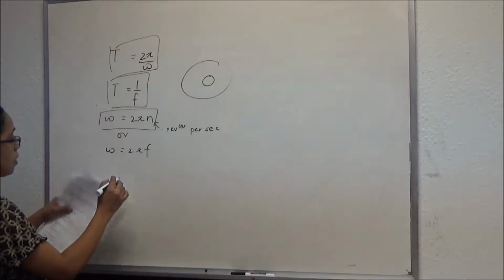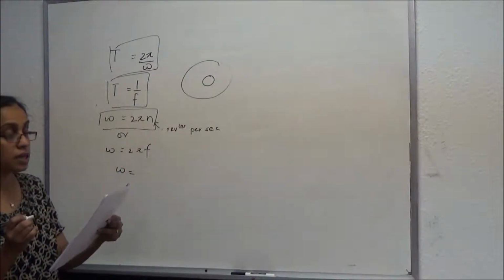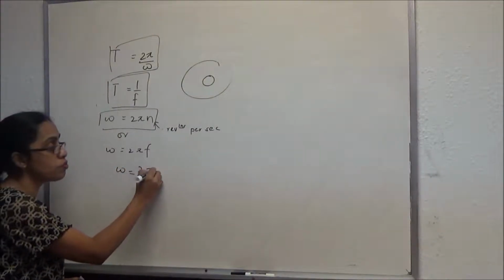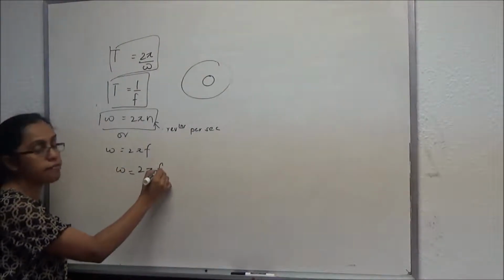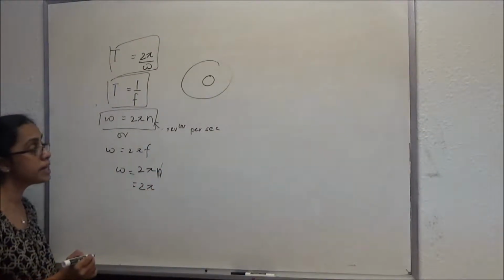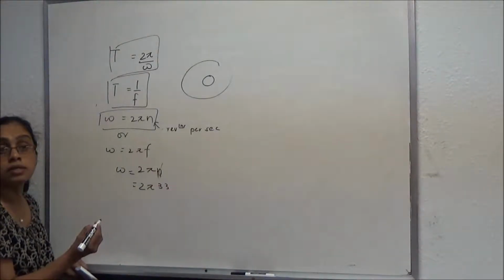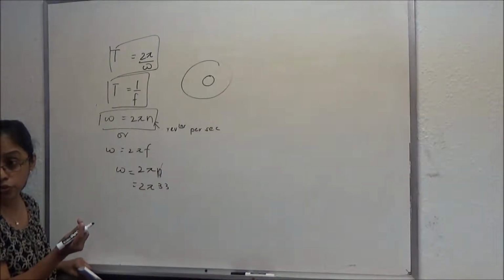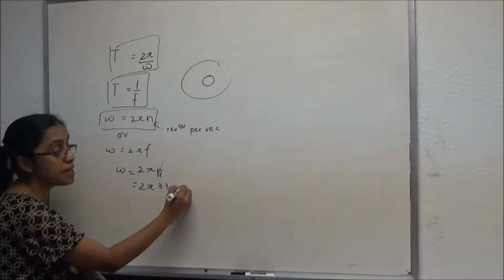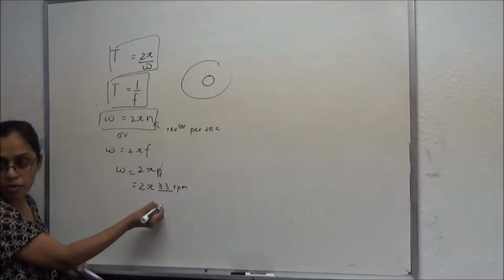So omega, for that sum they are asking for the angular velocity of the record. Omega equals 2 pi n. So 2 pi is already there. Now we have 33 revolutions per minute, and you need to convert it into seconds. When you say per minute, this should go down.